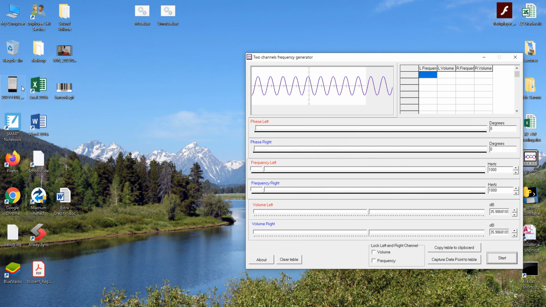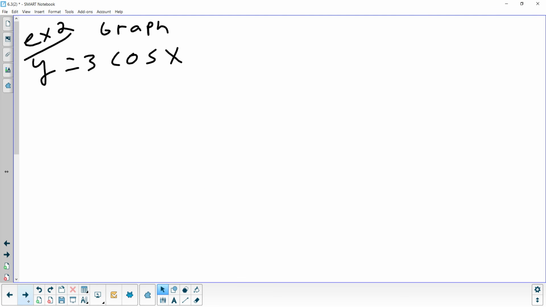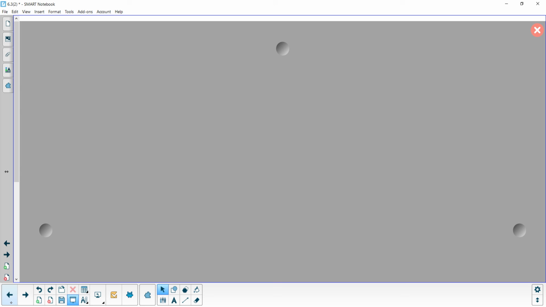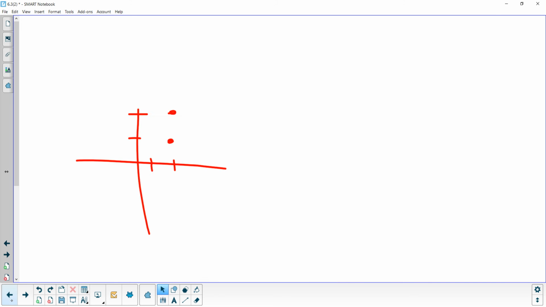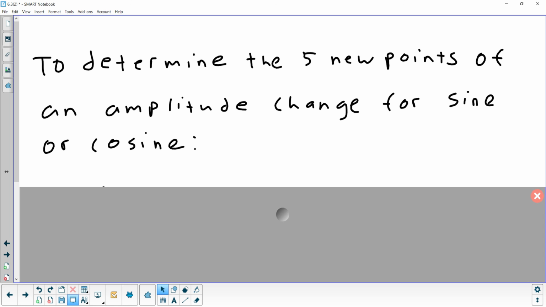All right, so let's go back here. So the first thing we have to figure out when we're doing an amplitude change, if we want to sketch it, is what happens to the 5 original points in the table.